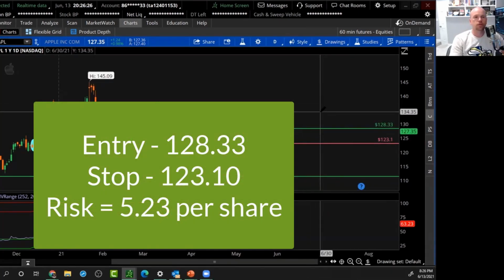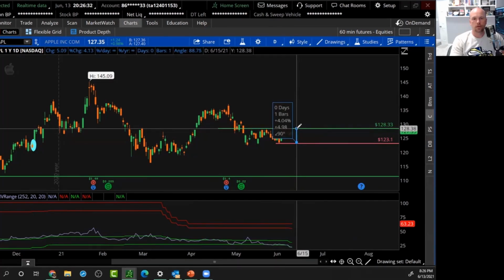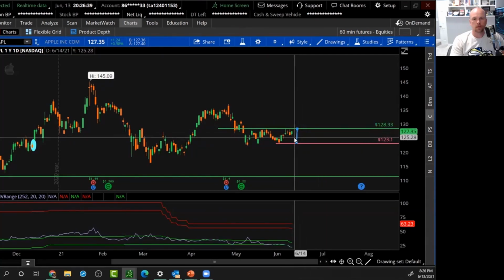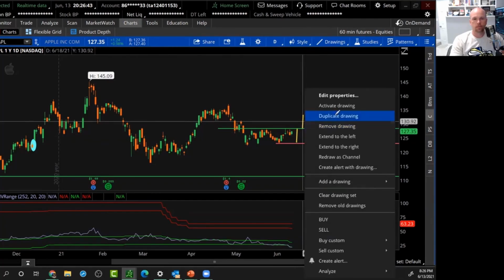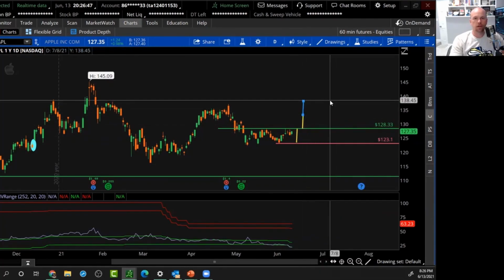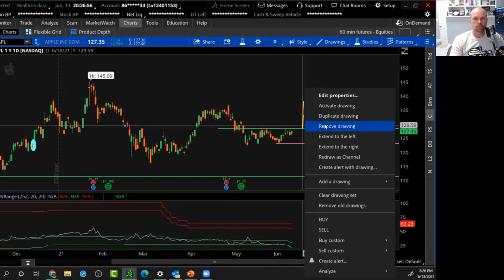And then your first target. So here's our risk. One to one, 2 to 1. Do we think that there's enough room there to get us to 138? Well, we have a little bit of a supply area up above us, right?